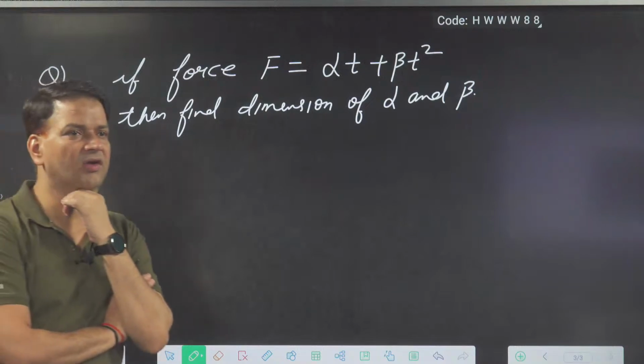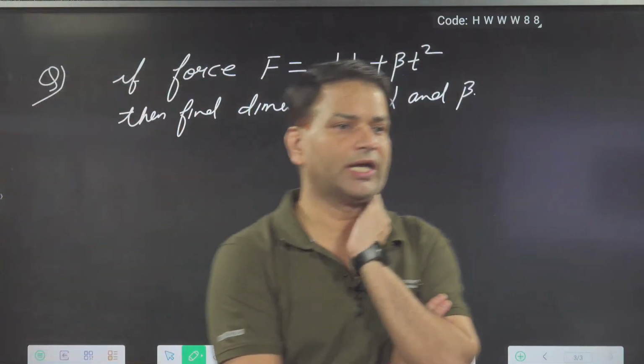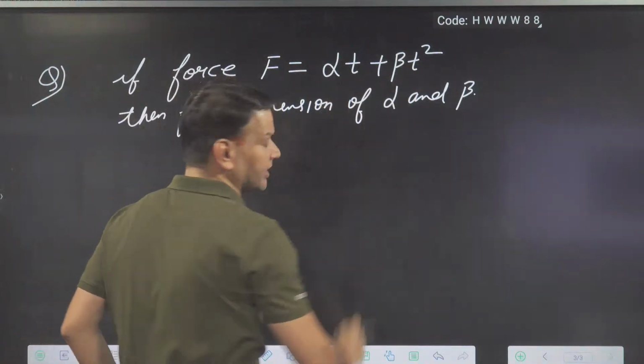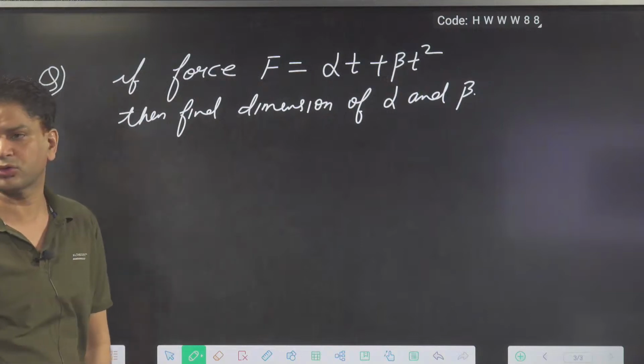If force F is alpha T plus beta T square, what is the dimension of alpha and beta? Here I am adding alpha T and beta T square, so they will have the same dimension, and I am equating with F, so they will have the same dimension.